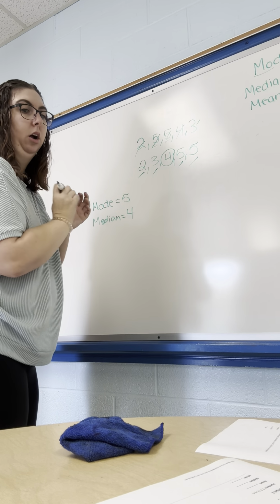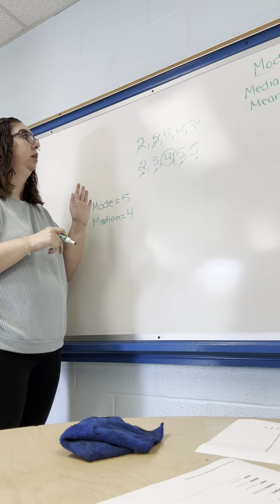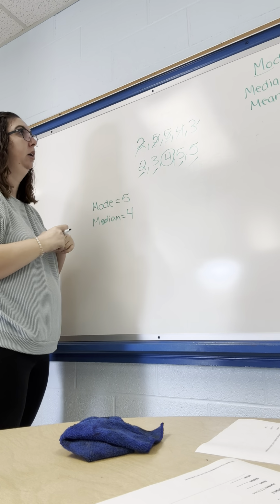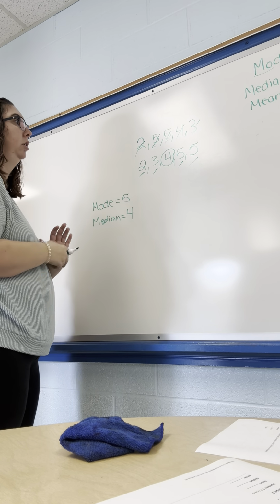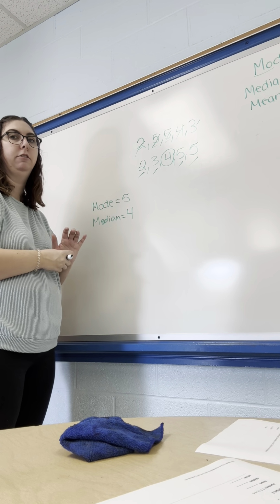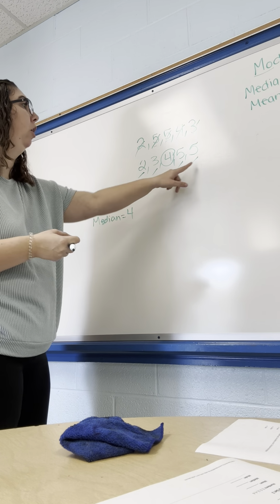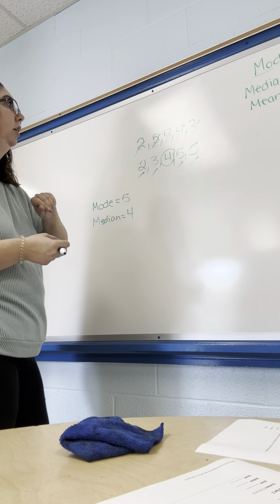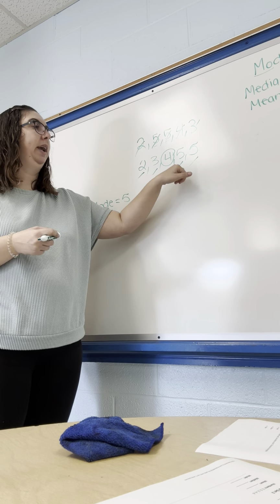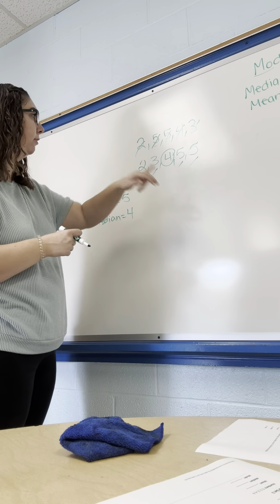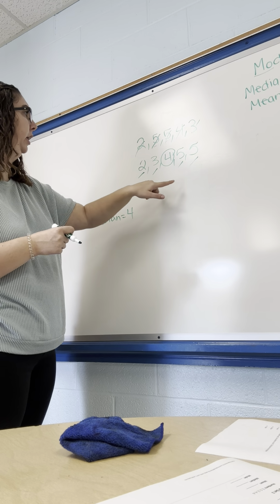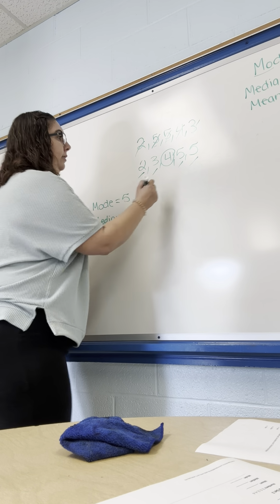All right, so now for our mean, we need to find our average. So how do we find our average? Someone remind me. Perfect. We need to add all of our numbers together and then divide by how many numbers we have total. So all of our numbers together is going to be 19.